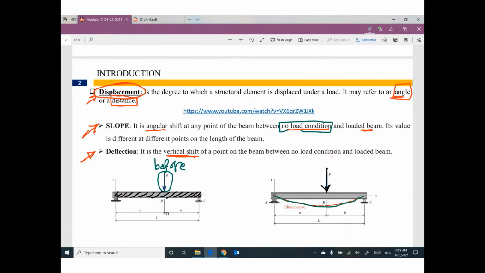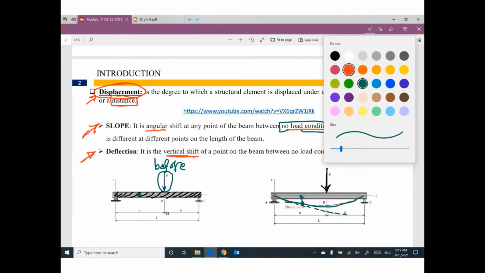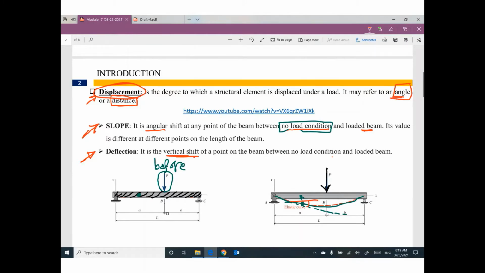For example, can you watch this point? This point in the new shape moved down to this position. And we have a tangent, and this tangent has angle theta with the horizontal. So we have deflection, which is the vertical movement. We can call it y. And we have a slope or rotation, and we can call it theta.